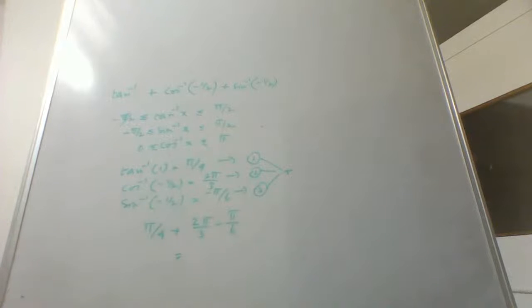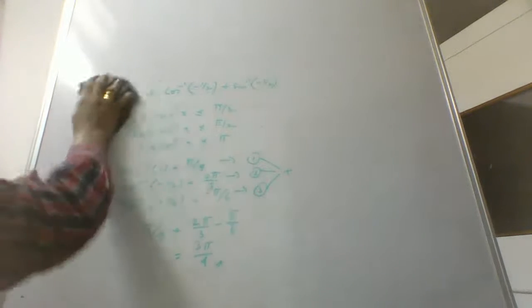So this results to 3 pi by 4. So this is the result. These are very, very important problems. If you have any doubts, you can ask. Let us move on to the next problem.